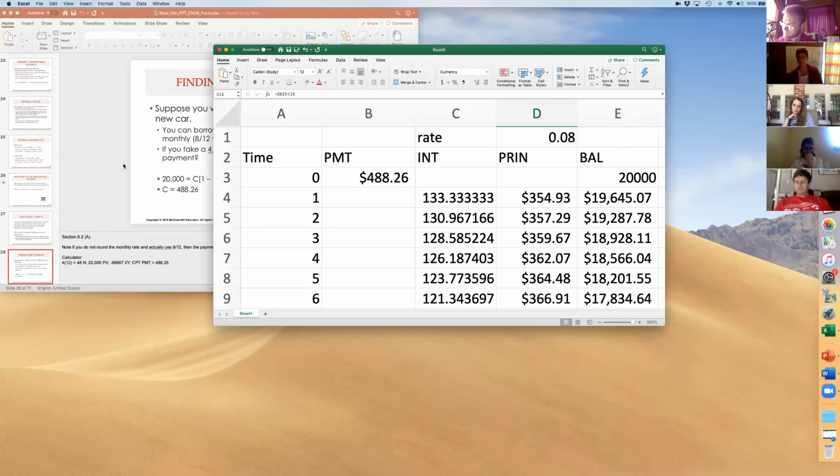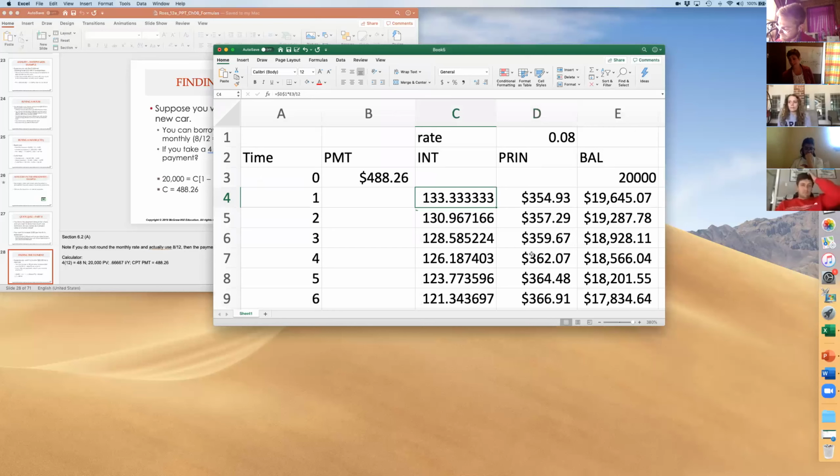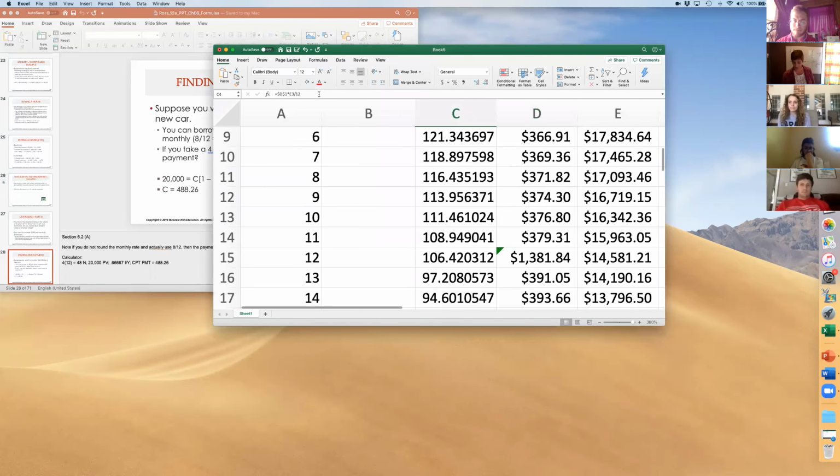So we've taken this one question about finding a payment, and we've done everything we could to it. So I could ask you to do an amortization table, which you have to compute the payment for. And that amortization table tells you lots of stuff.